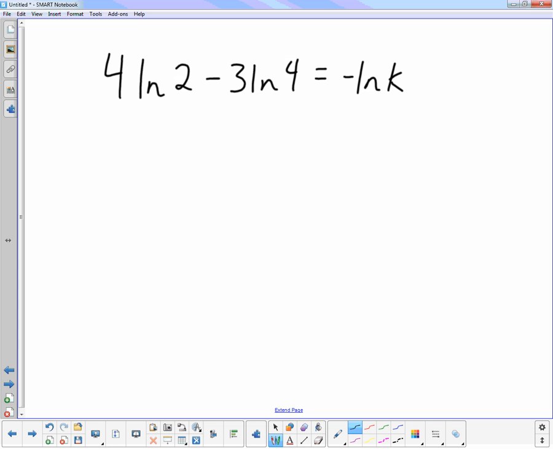First of all, you cannot combine the left-hand side. You cannot mush them together and turn them into a single term right now because you have a coefficient in front. So get your coefficients up into exponents.